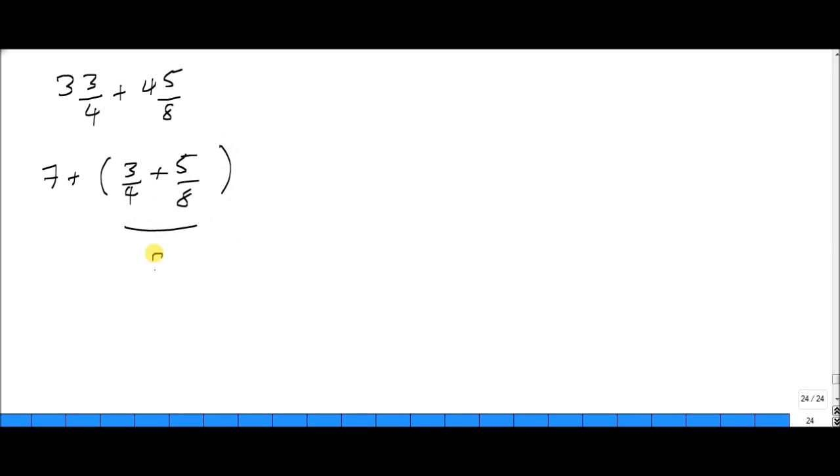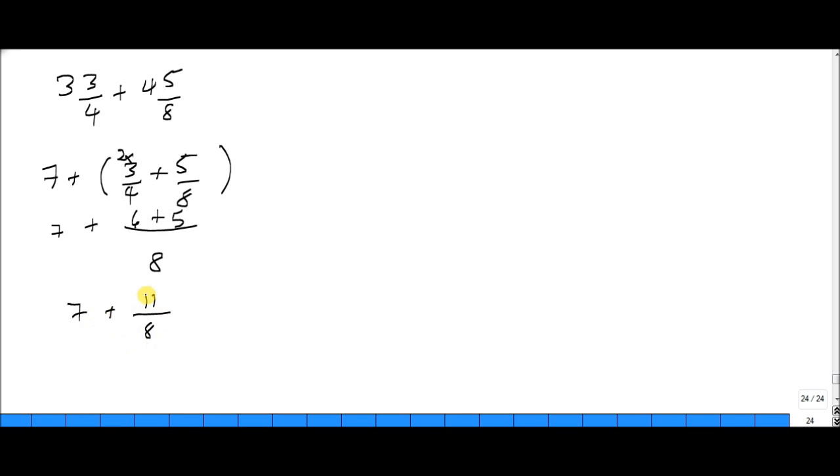LCM would be 8. 4 into 8 would go 2 times, so we would have 2 times 3, 6, plus 8 into 8 would go what? 1 time 5, 5. So we would have 6 and 5 being 11 over 8, plus whatever is outside there being 7.